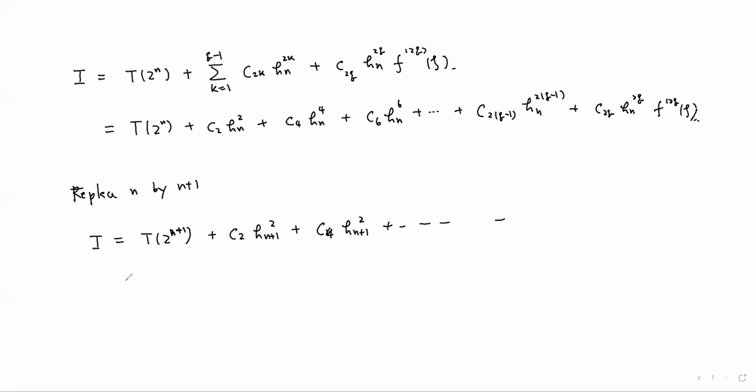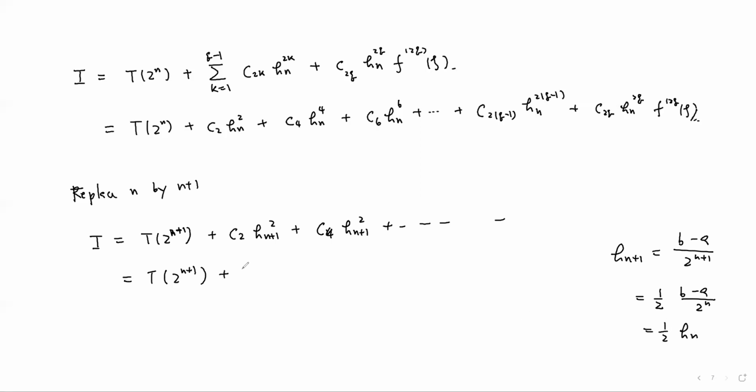But h_{n+1} is equal to (b minus a) over 2^{n+1}, which is one half of (b minus a) over 2^n, so it is one half of h_n.